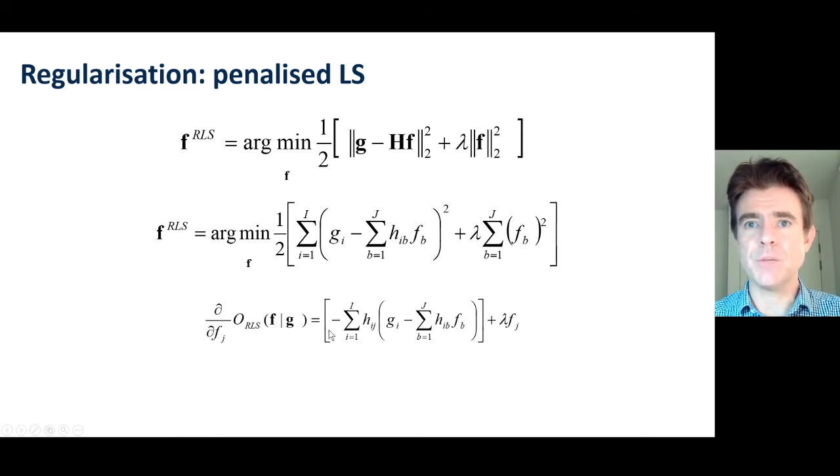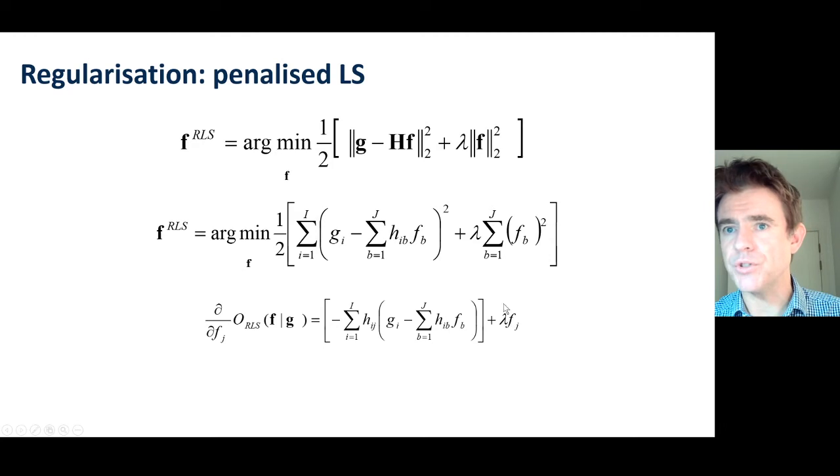And we get the same expression that we had before, but now we just have this additional term here, which is just the derivative with respect to fj. And so obviously just one of those terms in that summation is fj. And so that's why the 2 comes down the front, but obviously cancels with the half that was put in front of the objective function. And so we're just left with lambda fj.